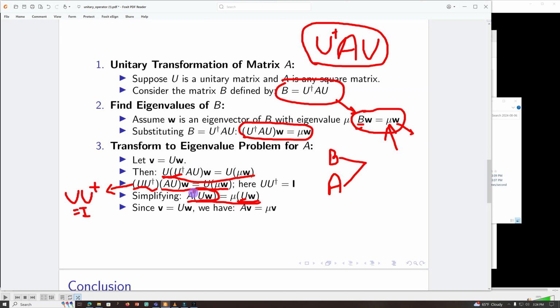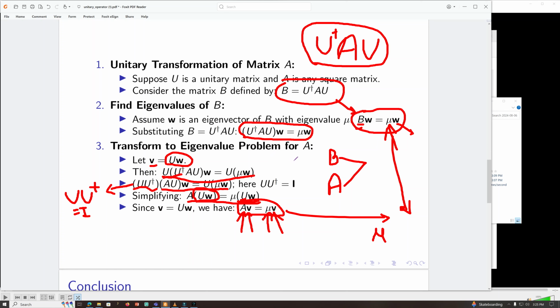Let us say this is V. In other words, let U multiplied with W be V. Then we get this expression, that is, A when multiplied with a vector V gives some scalar mu times the same vector V. This means V is the eigenvector and mu is the eigenvalue of matrix A. In other words, from this equation and this equation, we have seen that mu is the eigenvalue of both A as well as B with their corresponding eigenvectors V and W. This proves that A and B both have the same eigenvalue.